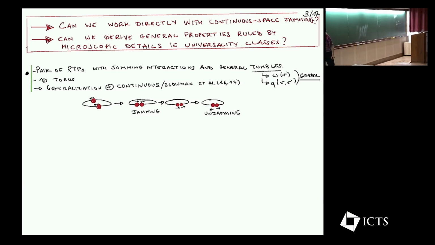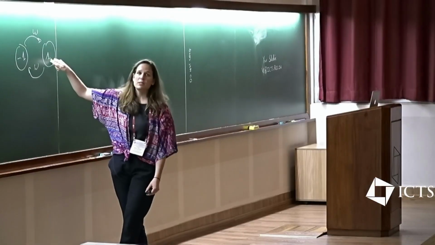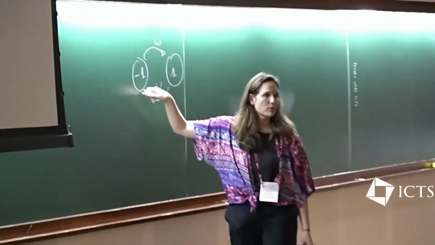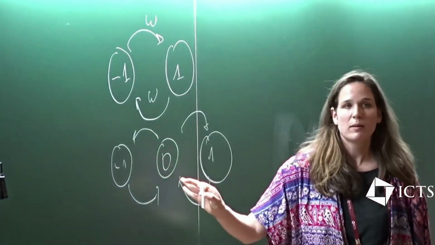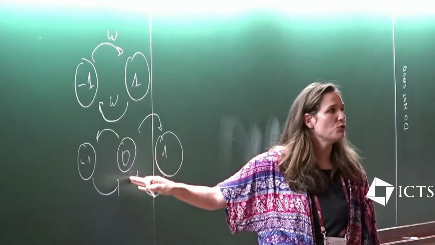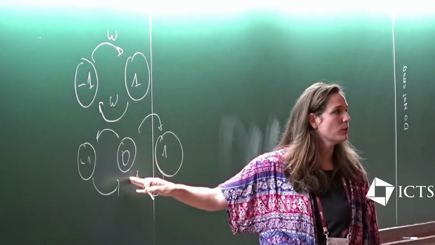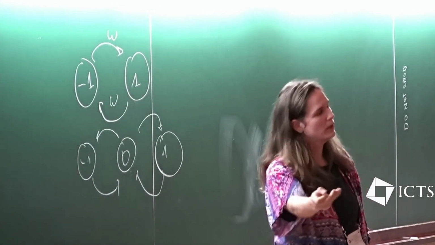Typically, the two types of model people like to see are the instantaneous tumble, where an RTP can jump from a velocity of 1 to -1 at some Poisson rate, or the finite tumble, where an RTP, before flipping its velocity, goes to a zero velocity state.